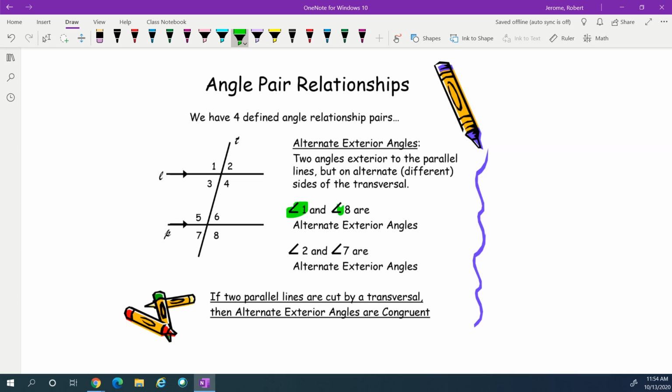Look at angle 1 and angle 8. 1 and 8. They are on different sides of the transversal, so they're alternate. They are outside the parallel lines, so they are alternate exterior angles.